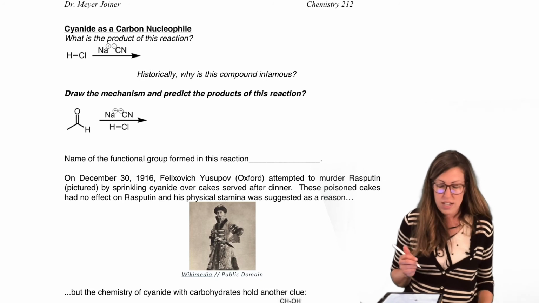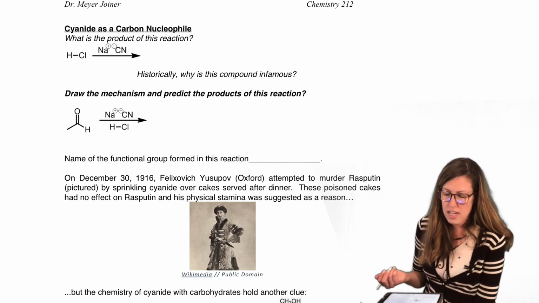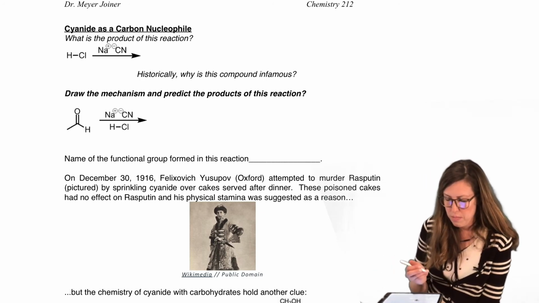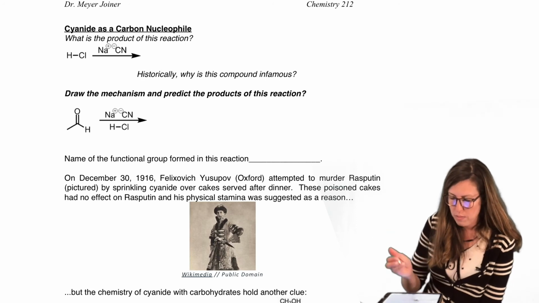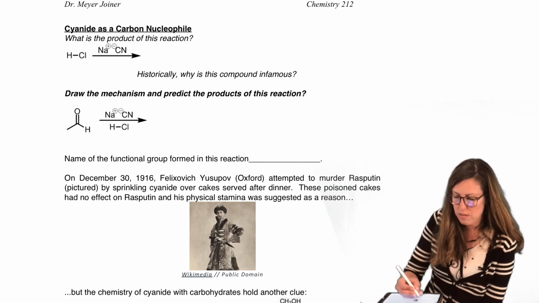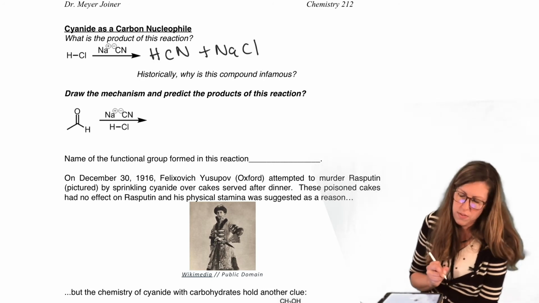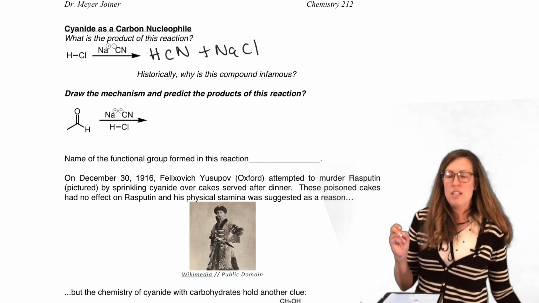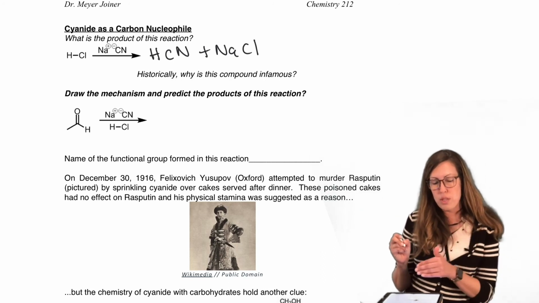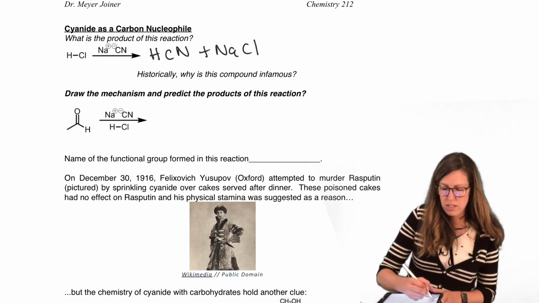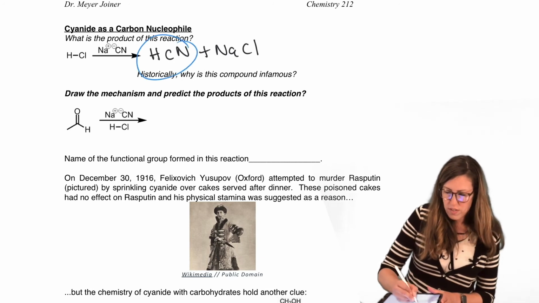It's actually cyanide as a nucleophile. And I'm just putting up this old reaction that's Chem 60 level, just HCl, NaCN, it's basically double displacement. H can go with CN plus NaCl. And this is a famous reaction because if you add acid to sodium cyanide, you get hydrogen cyanide, which is a very toxic poison.